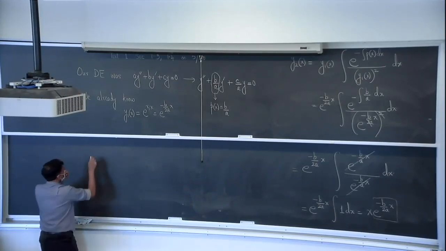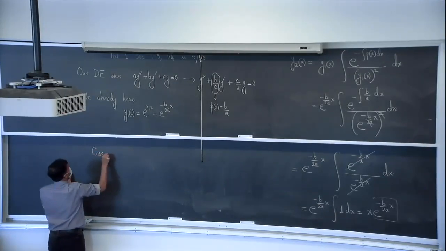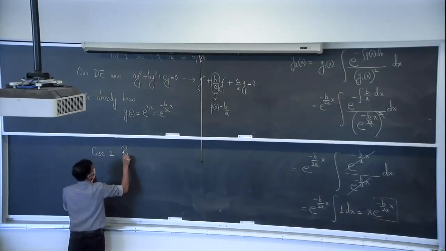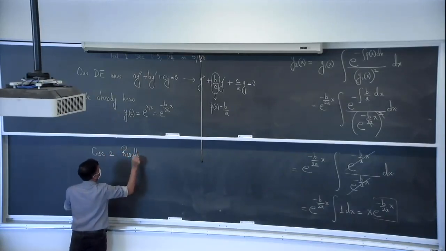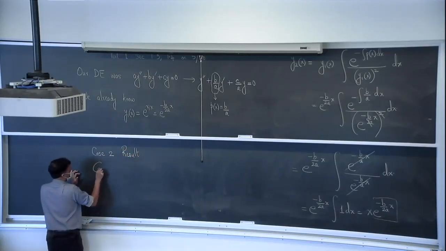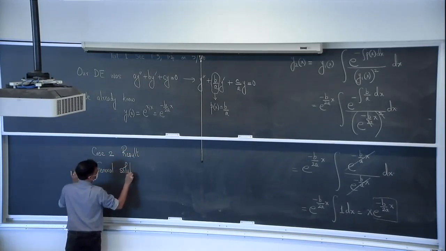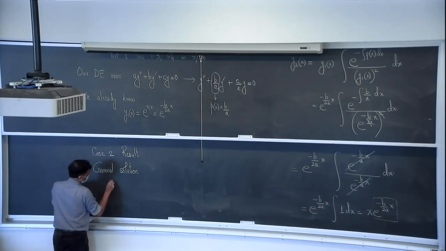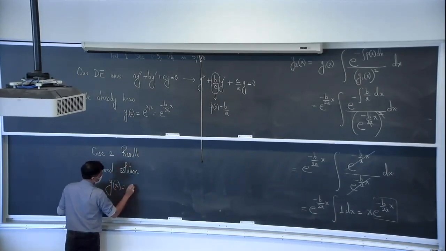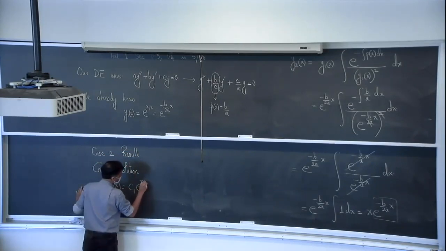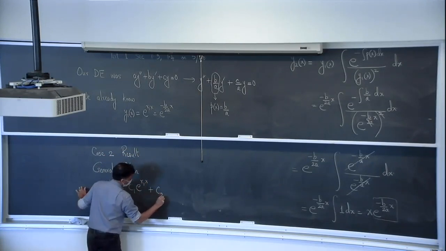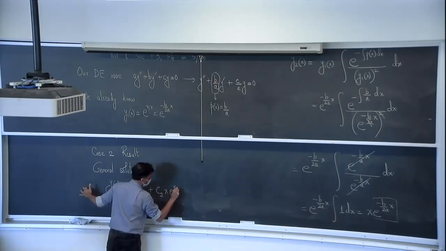For case 2, the general solution is given by y of x equal to c1 e to the power of r1x plus c2 x e to the power of r1x.